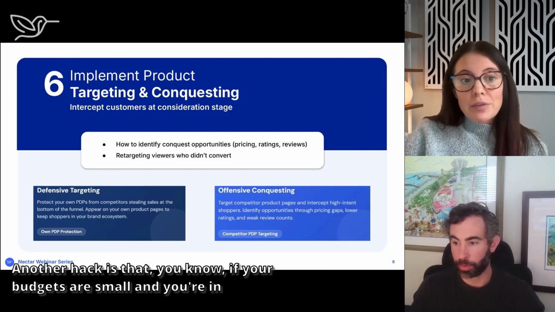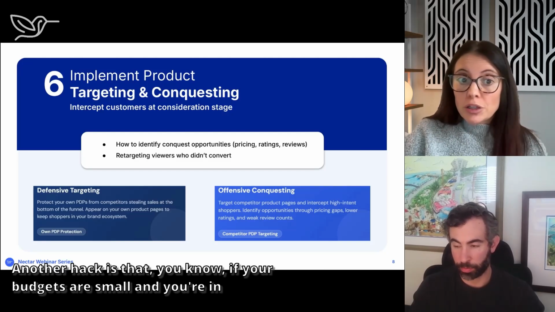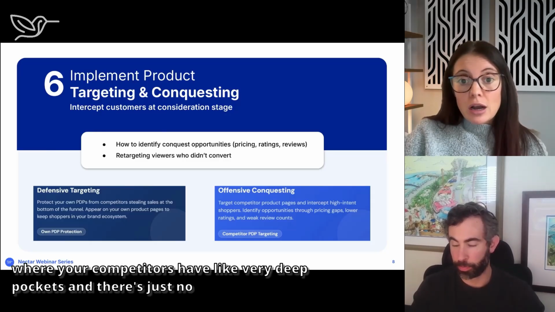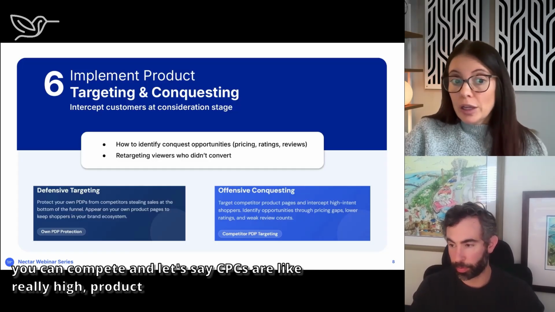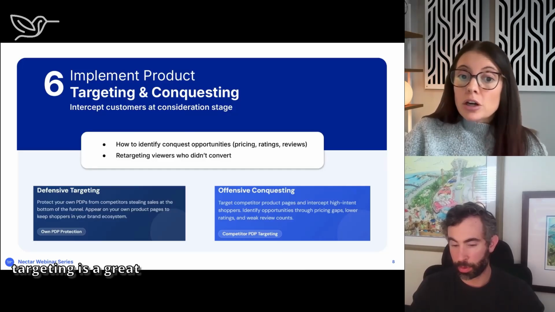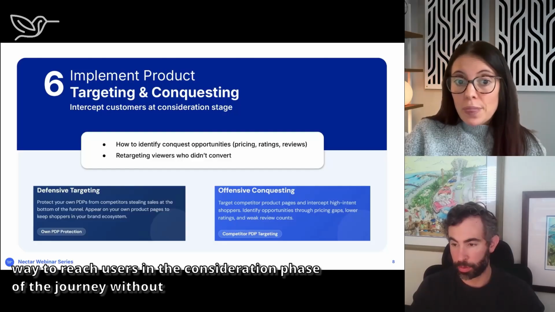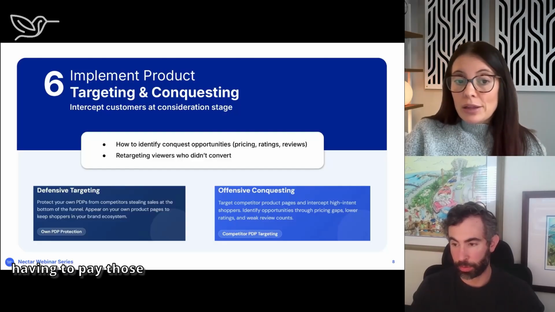Another hack is that if your budgets are small and you're in a really saturated category where your competitors have very deep pockets and there's just no way you feel like you can compete, and let's say CPCs are really high, product targeting is a great way to reach users in the consideration phase of the journey without having to pay those high CPCs.